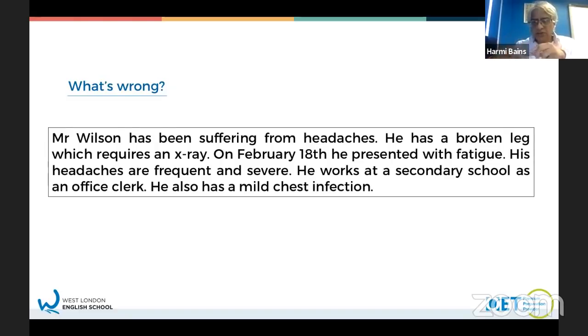The student starts off talking about the patient's symptoms with headaches, and then you've got a separate issue about a broken leg, another thing with fatigue, going back to the headaches, and then his work, and then more symptoms. So you can see that this paragraph is really mixed up.